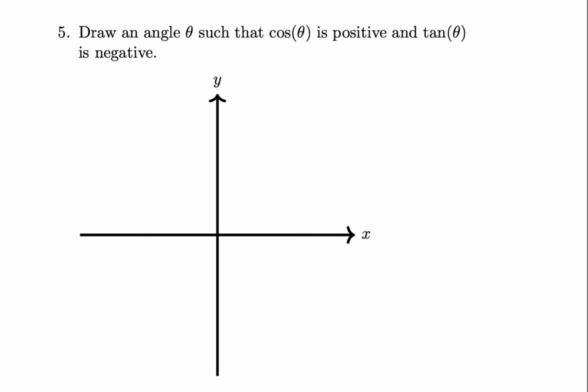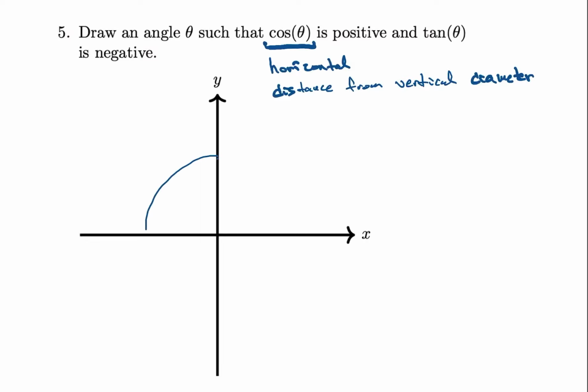So this is where we really have to think about the definition of cosine theta. Cosine theta measures horizontal distance from the vertical diameter. So that means we need to have a circle. So let's have a circle.